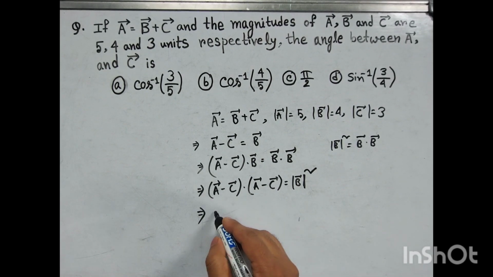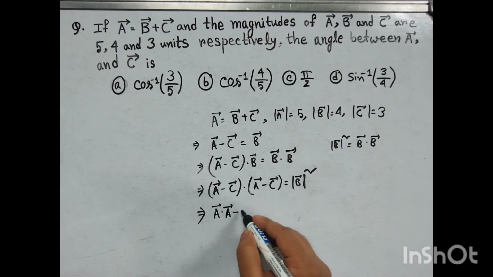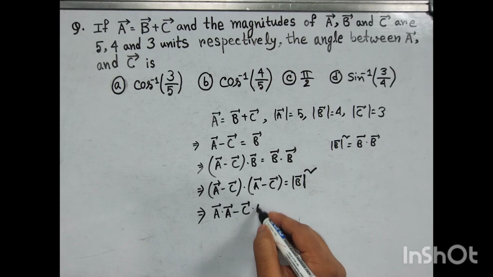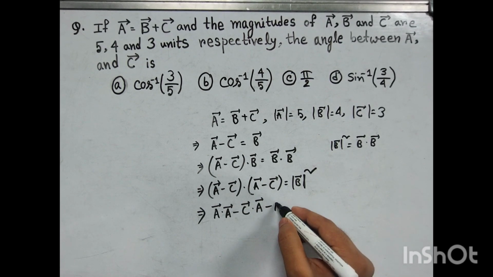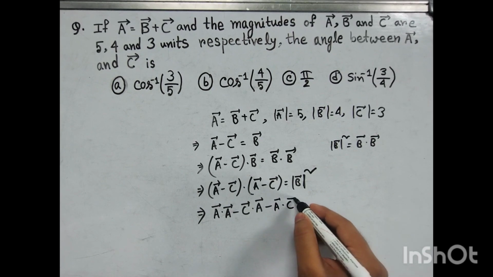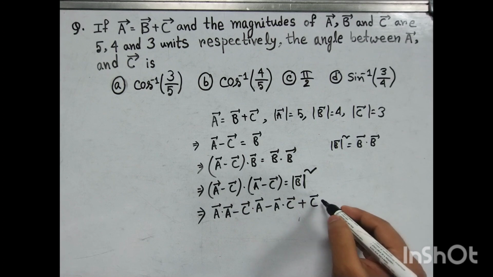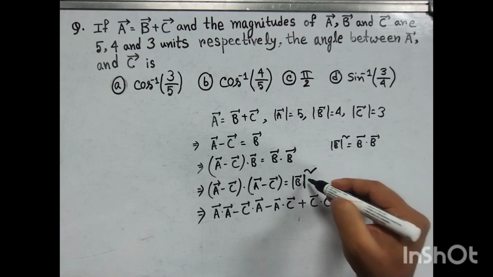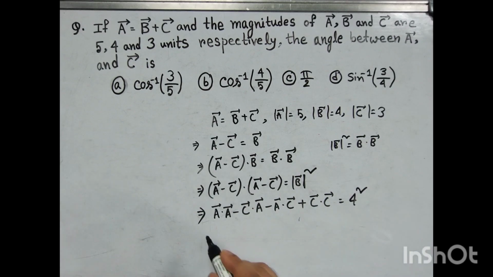So a vector dot a vector minus c vector dot a vector minus a vector dot c vector and plus c vector dot c vector equal to mod b vector, which we know equals 4, so that will be 4 square.